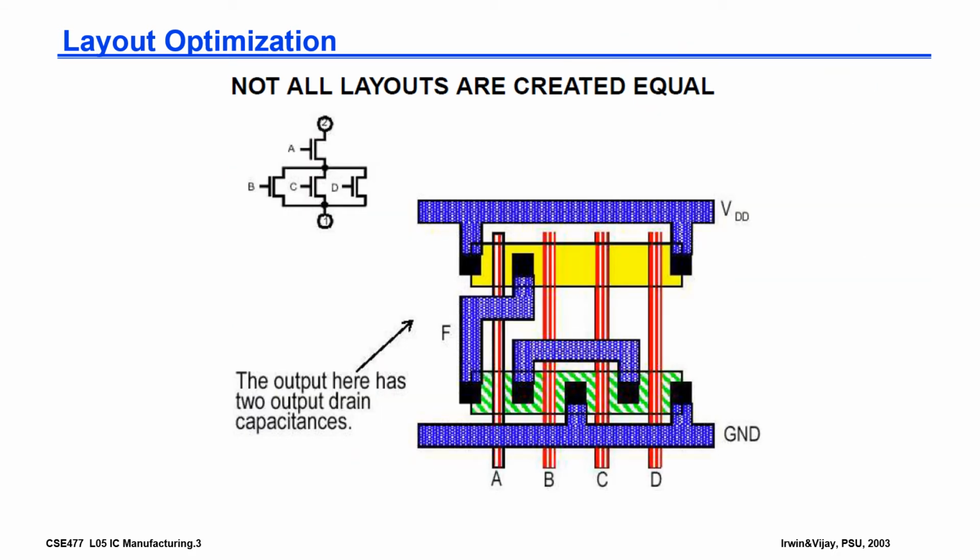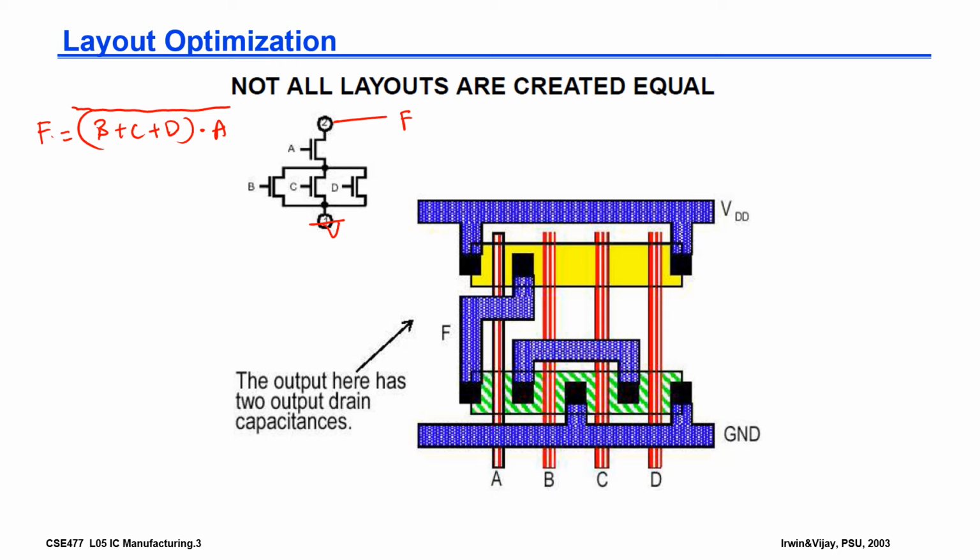If you look at here, it's still the same, but the only thing is, I put this one as output F, and this is the ground, right? The BCD, if you write the function here, B, C, D are all in parallel, and in series with A, you're going to have the same function, right?